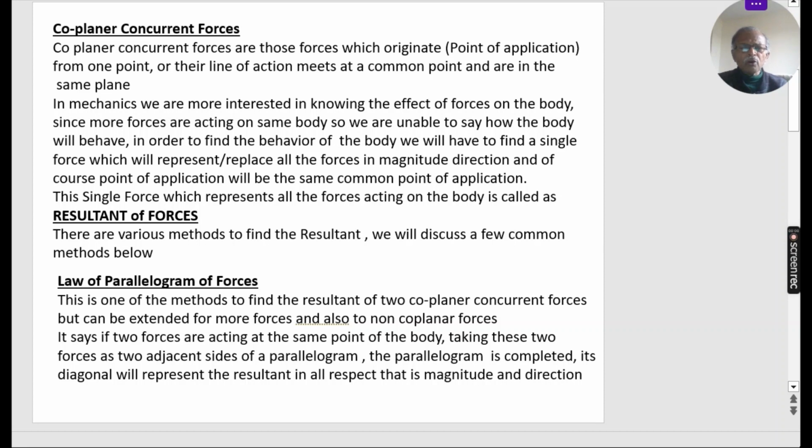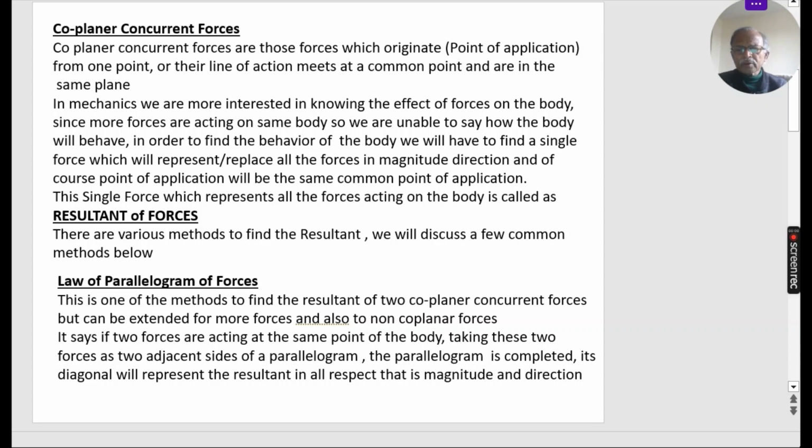So now what is the law of parallelogram? The law of parallelogram states that on a body, if two forces are acting, we are talking about only two forces, not more. We will come to that later. Since these two forces are concurrent and coplanar, they are in the same plane and acting at the same point.